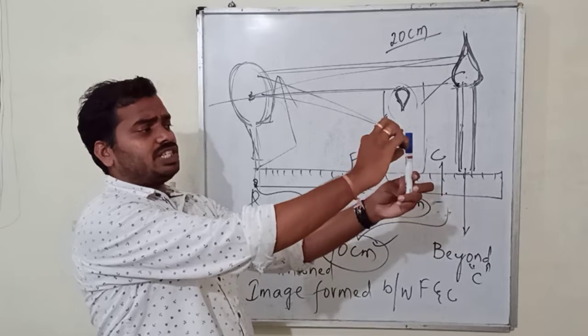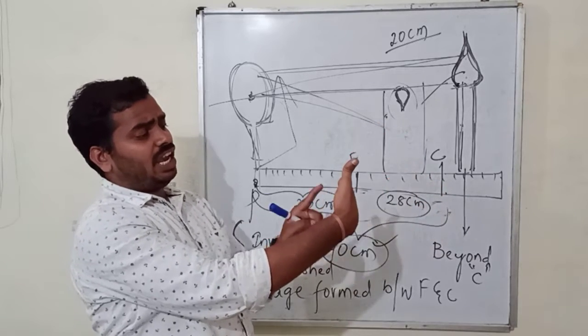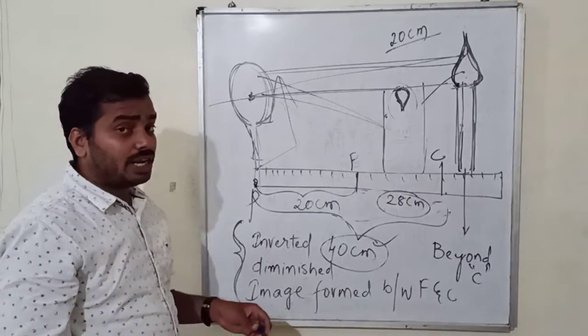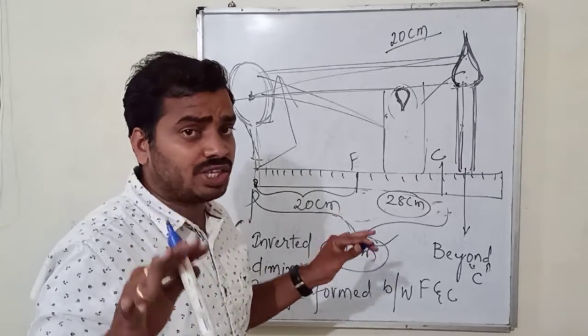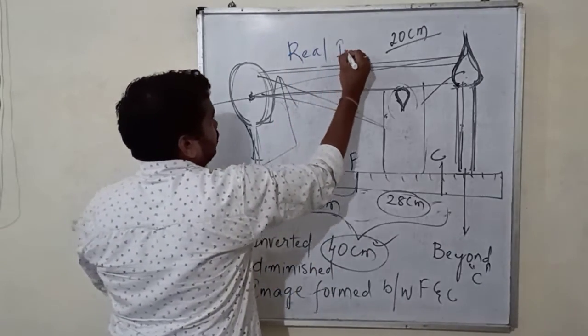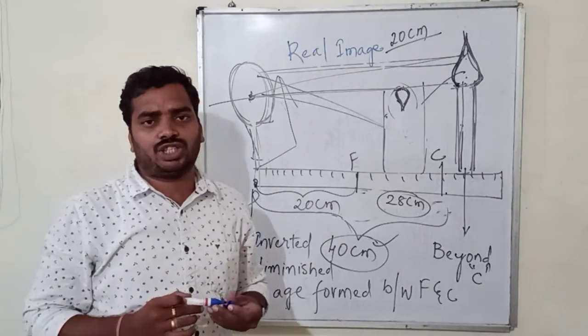The object was placed here. This is the flame. Let the blue color be the flame. You can see an inverted blue color upon the screen. If you are able to see the image upon the screen, then the image is said to be a real image.